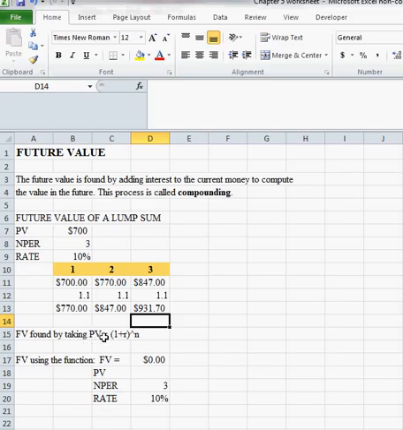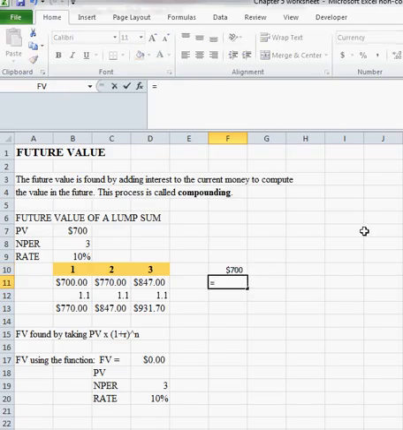Now we can simplify this, as you can see here, with a formula by saying whatever amount you start with, you can multiply it times 1 plus the interest rate raised to however many years. So we're taking 700 times 1.10 raised to the power of 3. So I can do that mathematically here. We start with $700 and we are going to multiply it times 1.10, 1 plus the interest rate of 10%, raised to the number of years I want to find out.